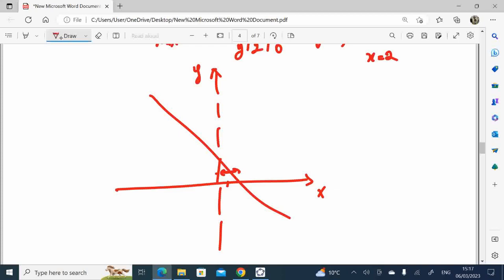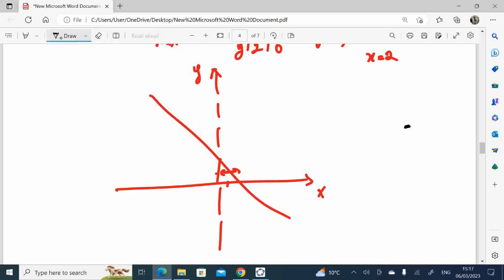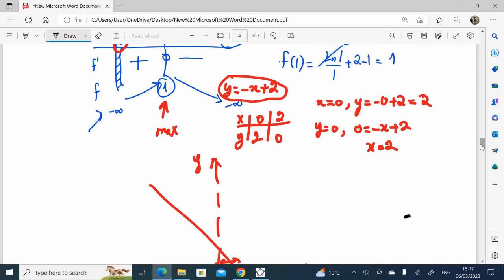Now to draw the graph, we know that the graph, according to the table of variation, will start from minus infinity of the vertical, will start from here, goes to the maximum.